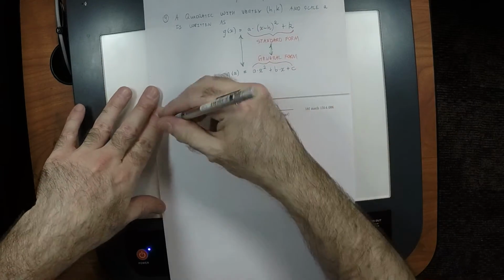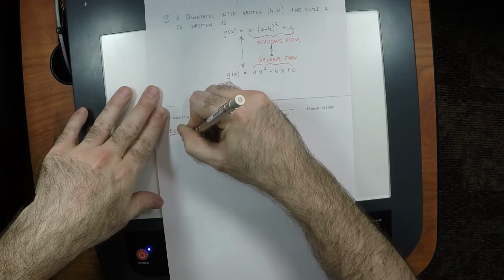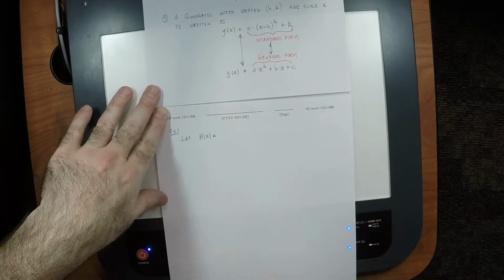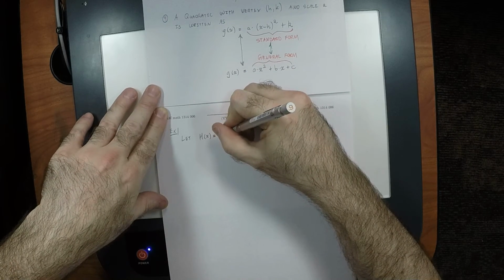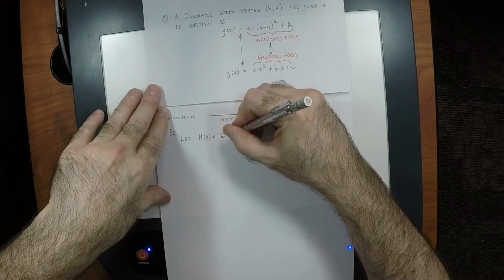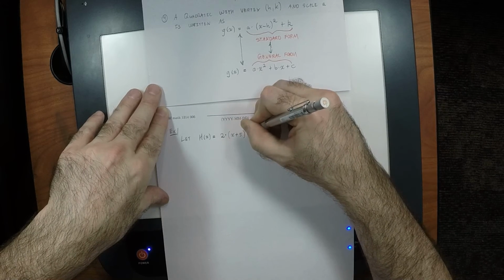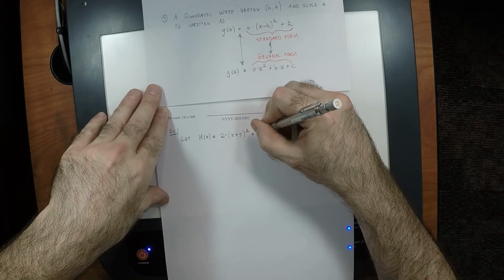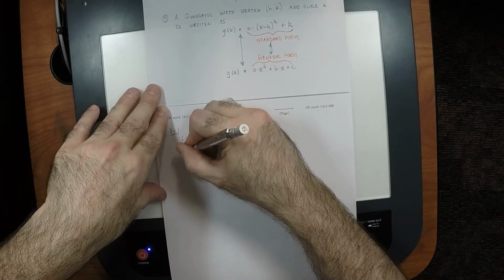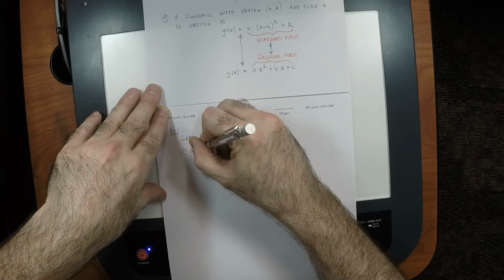So here's an example. I could say let h of x be equal to, say, 2 multiplied by (x plus 5), square that, add 7, let h be that. So then first request is find the general form.